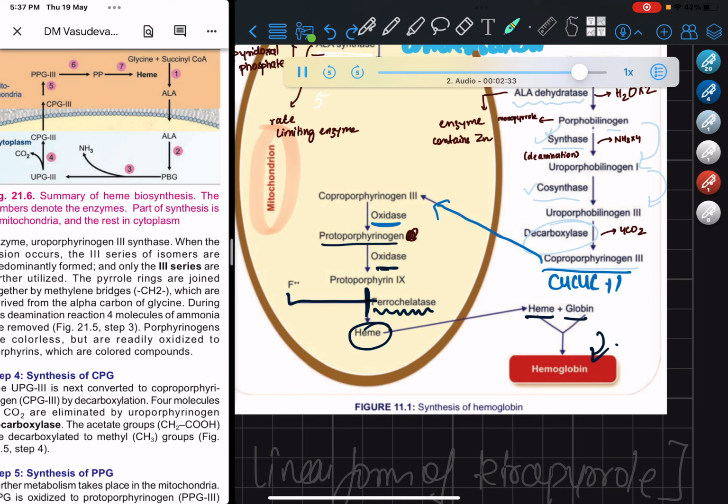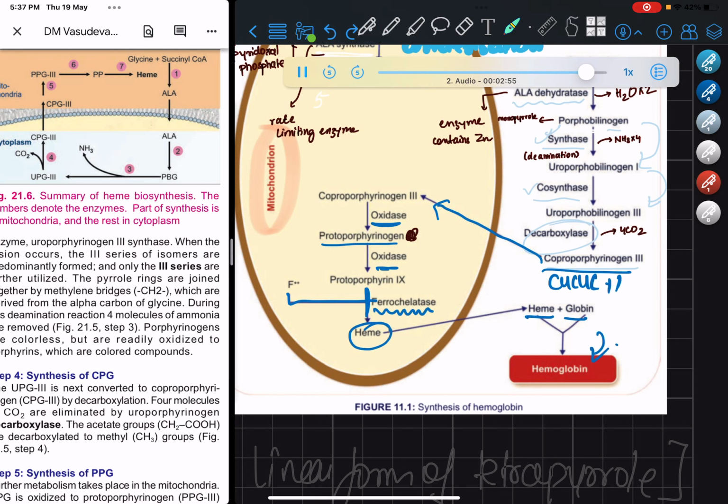This is also formed by oxidation, and the enzyme is protoporphyrinogen oxidase. This protoporphyrin reacts with Fe2+ in the presence of the enzyme ferrochelatase to form the heme molecule. Heme combines with globin to give hemoglobin.